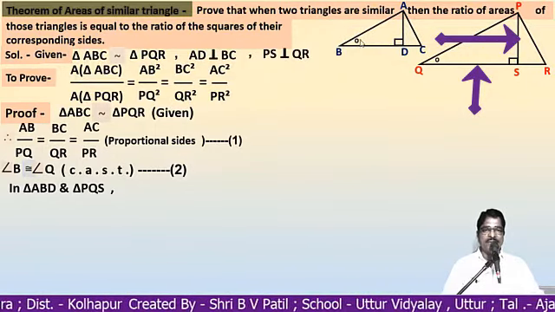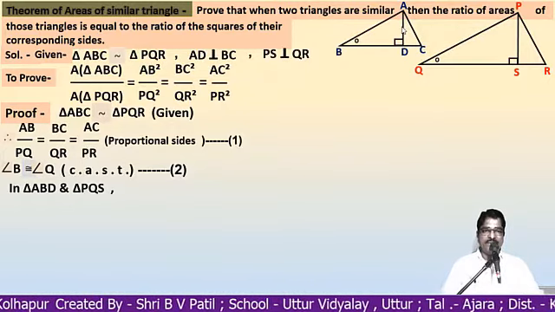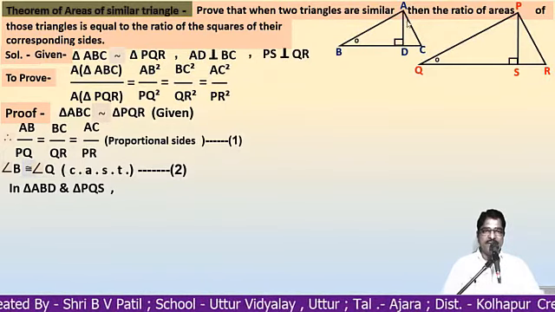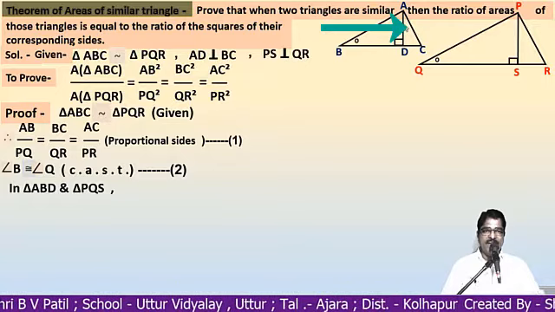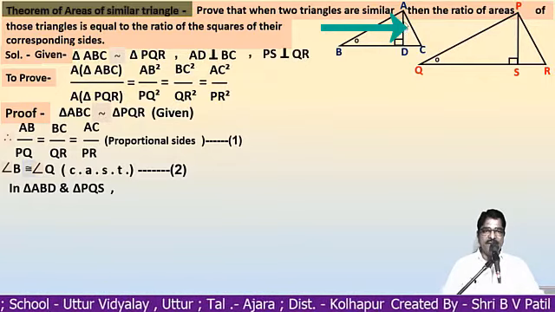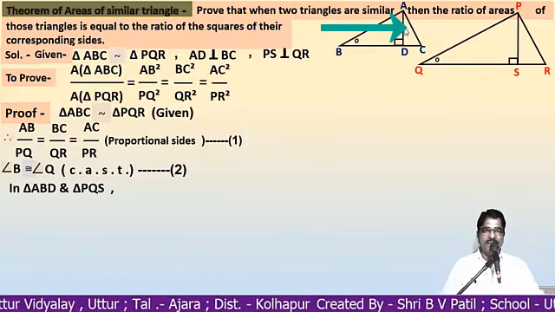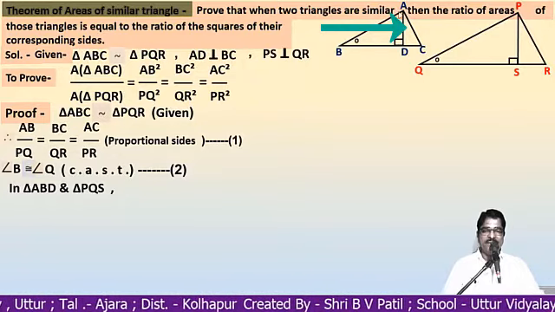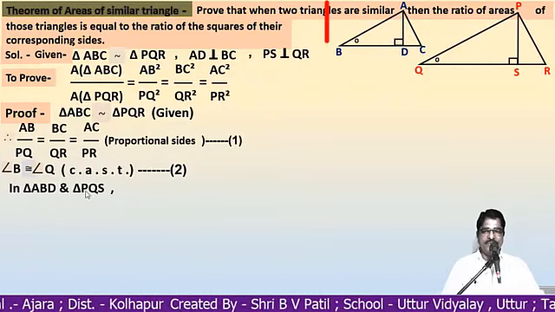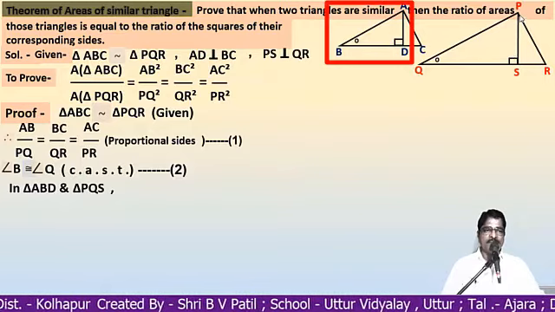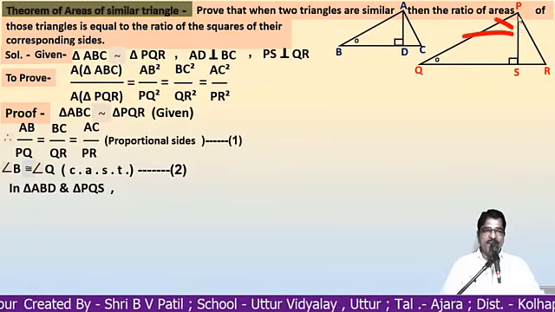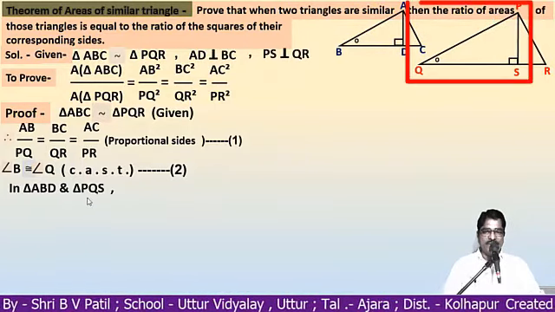Therefore, we want height. For that purpose, height is AD. Tell the side AD is included in which triangle? That is triangle ABD, and here that height PS is included in triangle PQS.